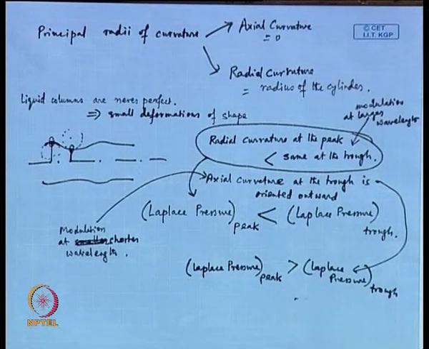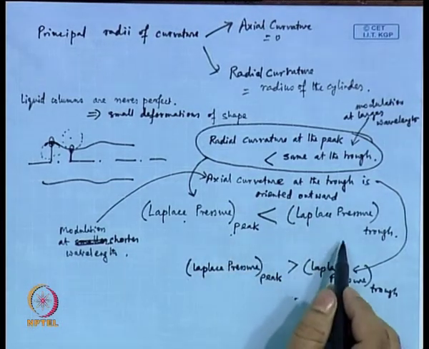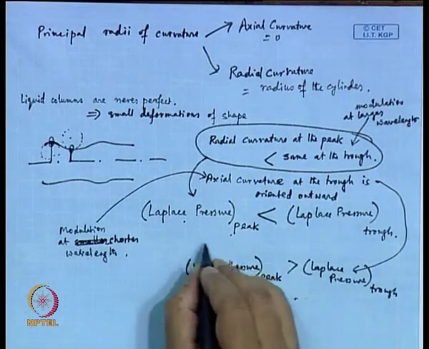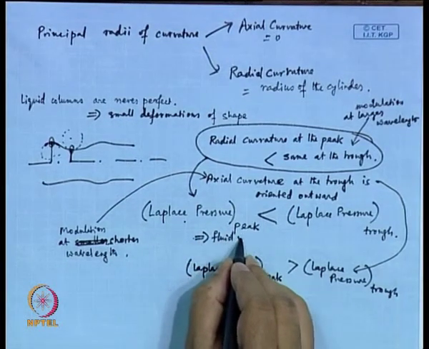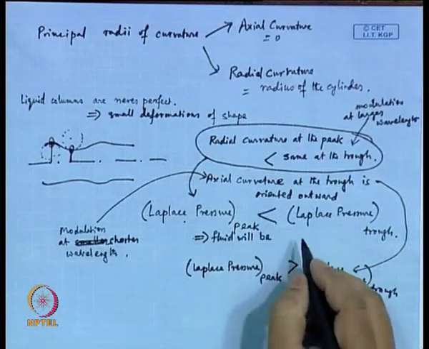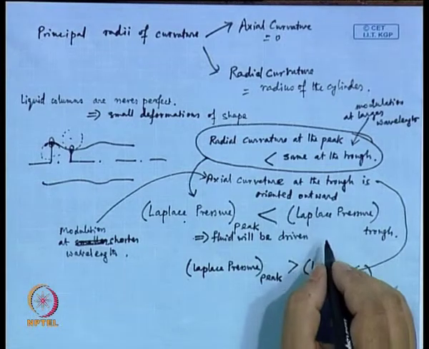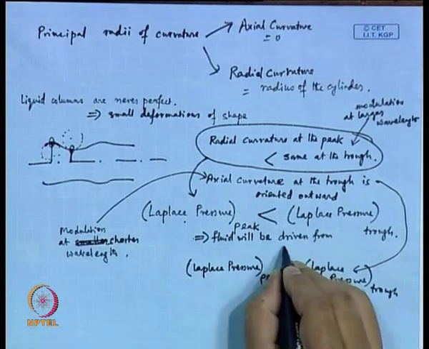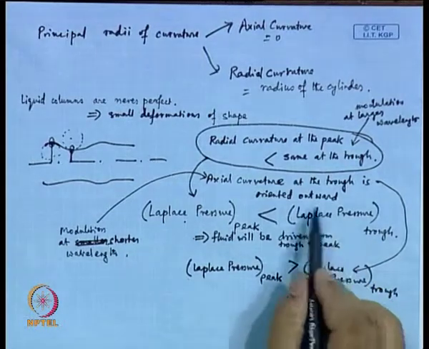Now, the fact here is that when this happens, Laplace pressure of peak is less than Laplace pressure of trough. What that means is, this condition implies fluid will be driven from trough to peak, because trough is at a higher pressure.